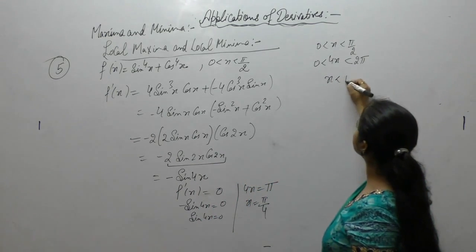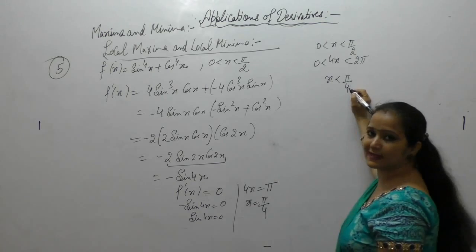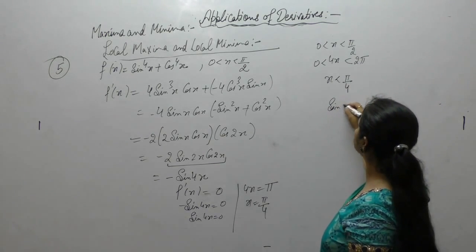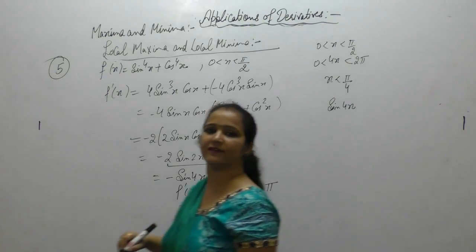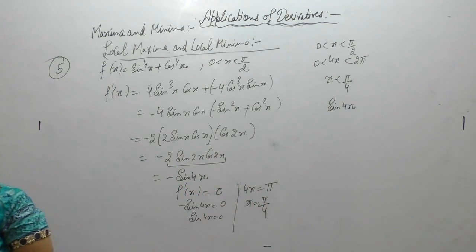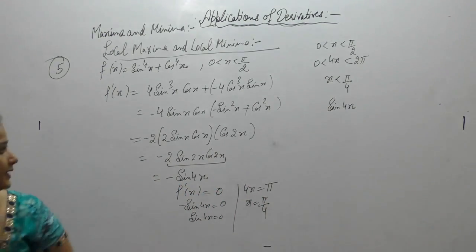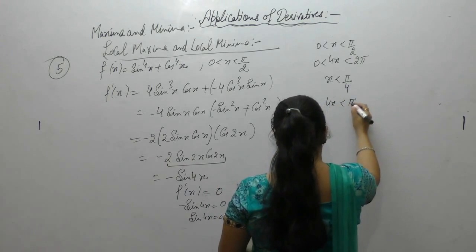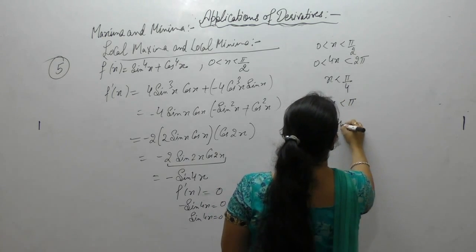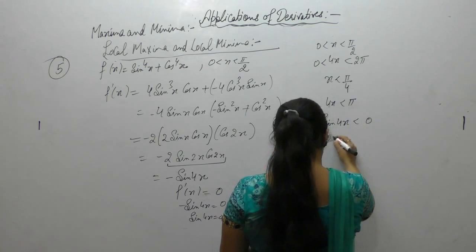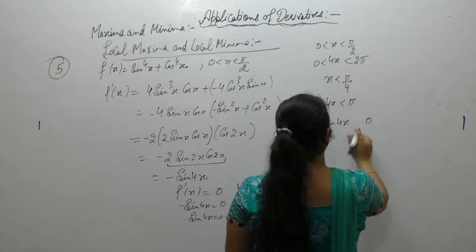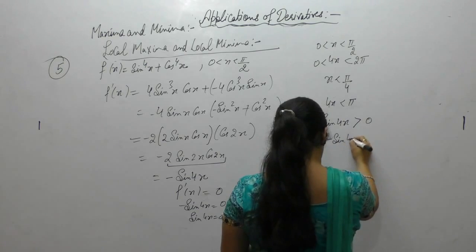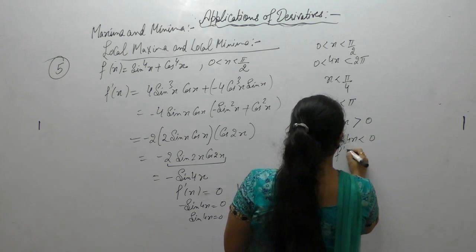When x is less than pi by 4, it means 4x is less than pi, so sin 4x is positive, sin pi is 0. And minus sin 4x is less than 0.